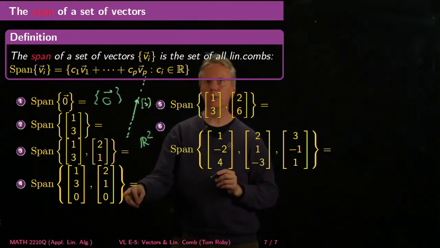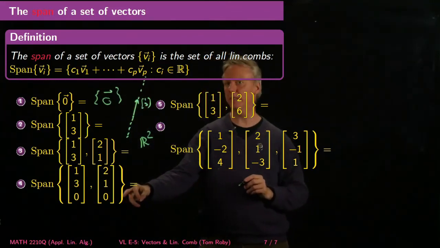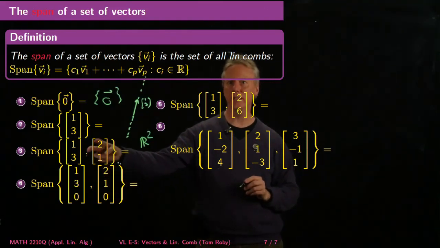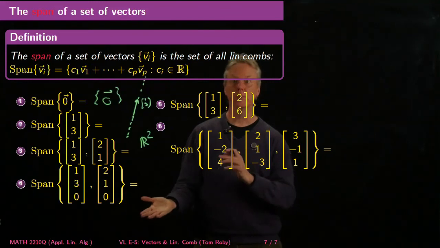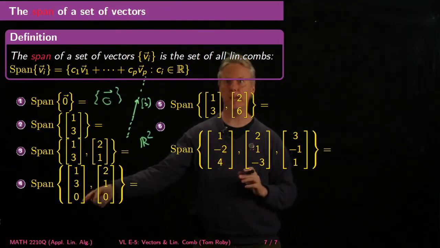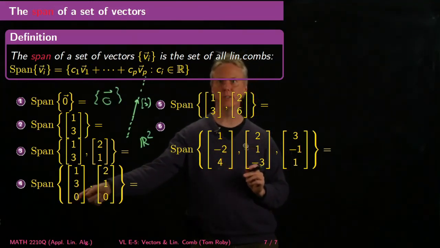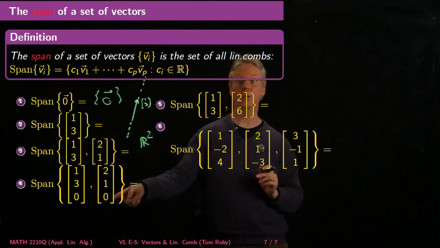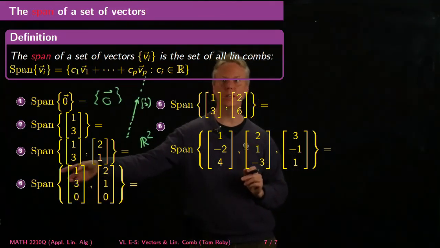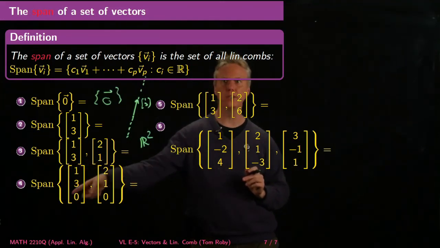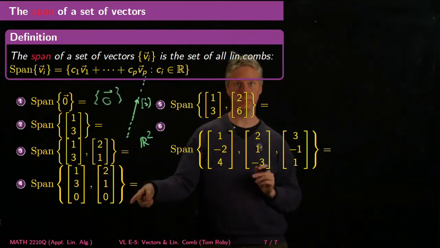Now here, what's going on here? Well, notice that these two vectors are the same as these two vectors, except I've tacked on a 0. So they're in R3, but if you take any multiple of this, you'll still have a 0 coordinate here. If you take any multiple of this, you'll still have a 0 coordinate here. So no matter what linear combination you take of these guys, you'll still have 0 in the bottom.